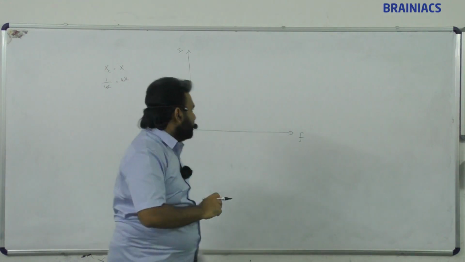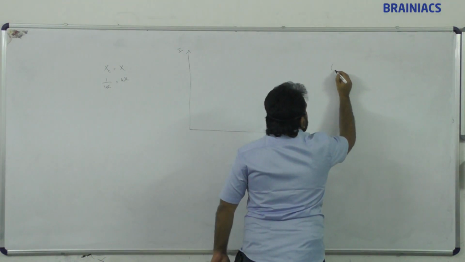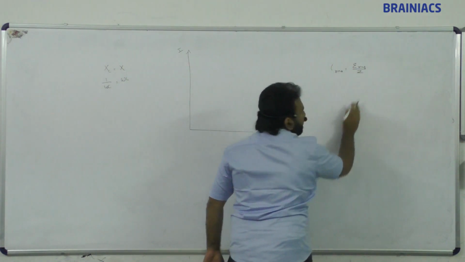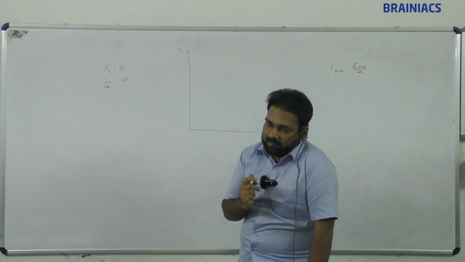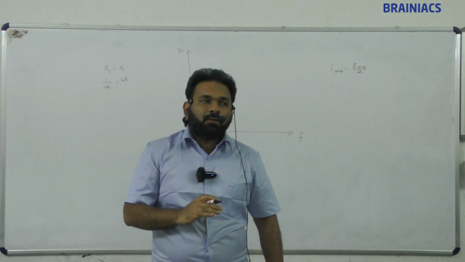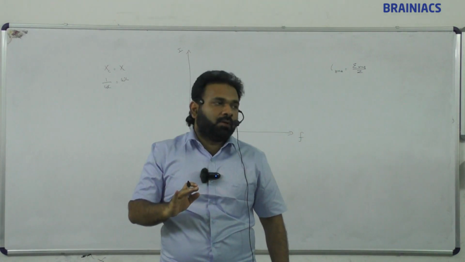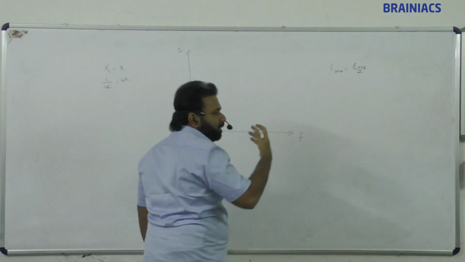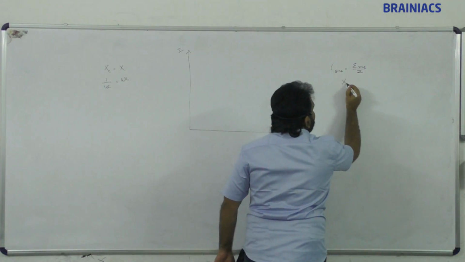So the advantage is, previously, IRMS was ERMS by Z, and I naught is equal to E naught by Z. So Z means along with R, reactance was also coming, so the overall opposition will be more. When the reactance is gone, only resistance will be there.